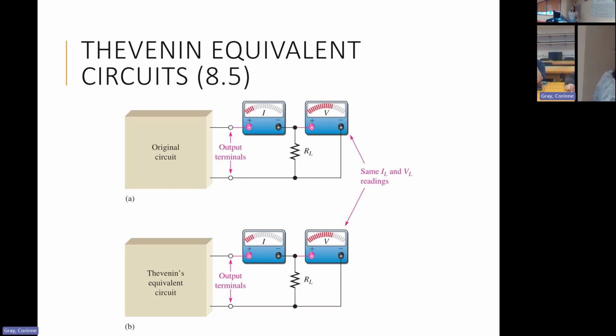For it to be equivalent, it has to have the same current and the same voltage across the load resistor. I don't care about any other resistor. Only the load resistor matters to me. That's the only current and the only load I care about. Questions so far?